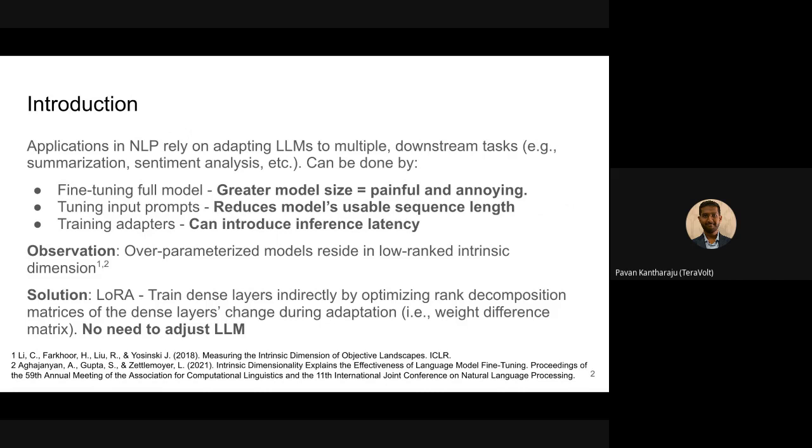And I'll provide a figure in the next slide. But essentially, the idea is that the large language model can be frozen and kept static, not touched, and you can train only these rank decomposition matrices.